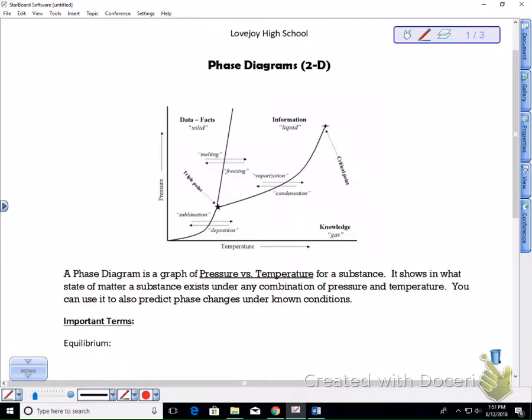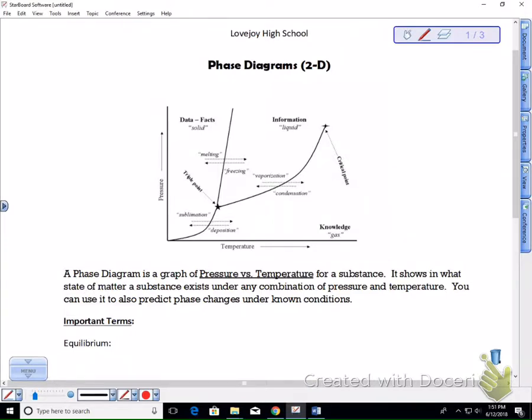That represents that. And so this bottom one here, we see that if we cross this line from solid to gas, that represents the phase change of sublimation. And if we go backwards, it's deposition. So this is the solid-vapor equilibrium line. This line here separates solid and liquid, so it's the solid-liquid equilibrium line.